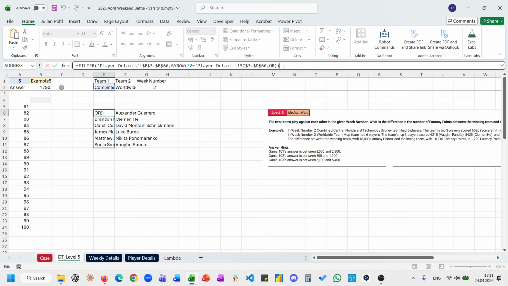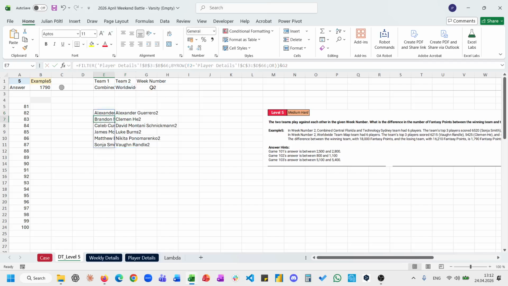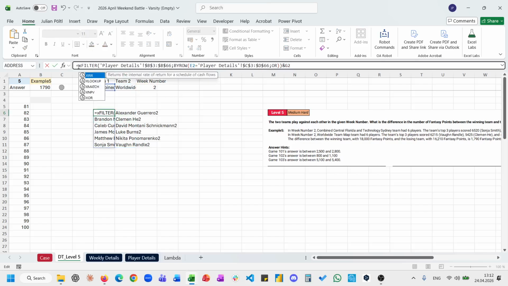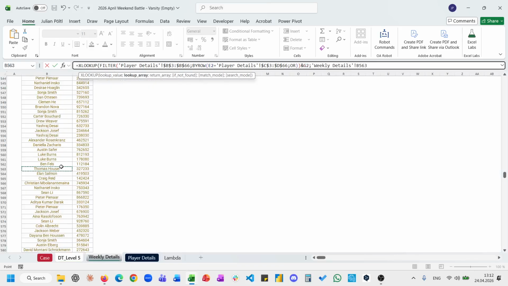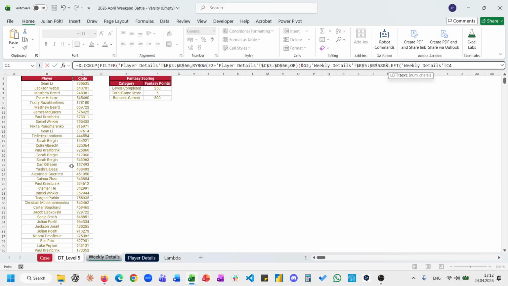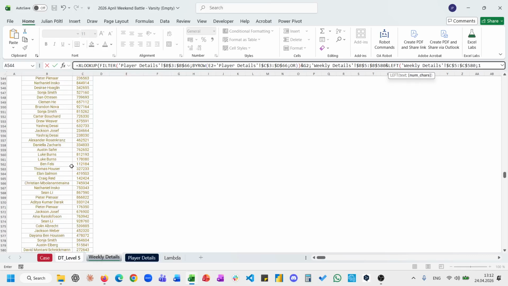Then this and week number, this and week number, and I then get the scores with here and LEFT of the code to get the week number in, and I want to return the ugly code.